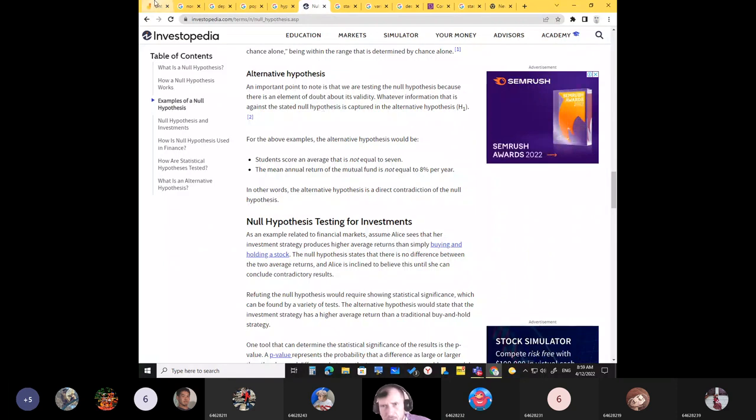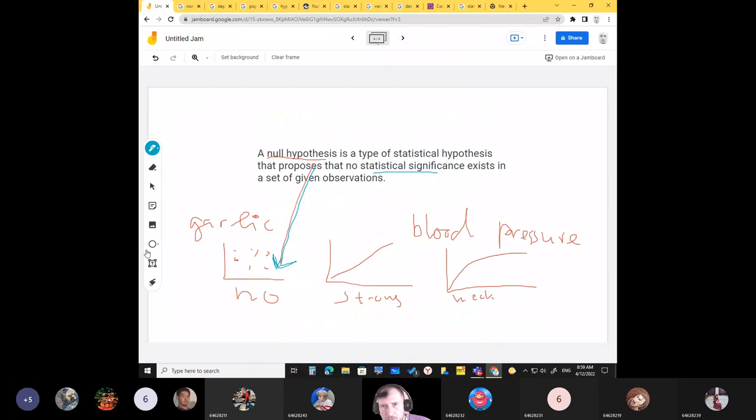Okay, it's H0 or H. So this is H0, H small 0, and we have alternative hypothesis, H1, right? So if H0 is correct, there's no relationship, but H1 is alternative hypothesis. Something is happening.